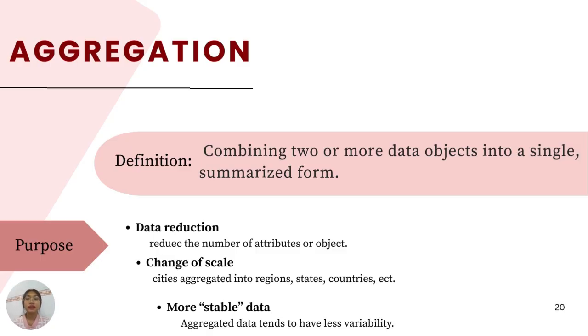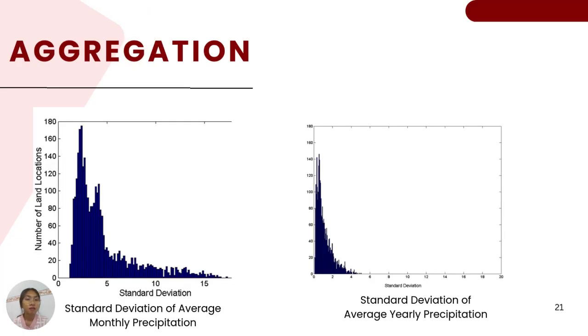So now let's move to the next page, which is the example of aggregation. These two graphs illustrate how precipitation varies in Australia. As you can see in the picture on the left-hand side, the X-axis stands for standard deviation of monthly rainfall, and the Y-axis represents the number of land locations.